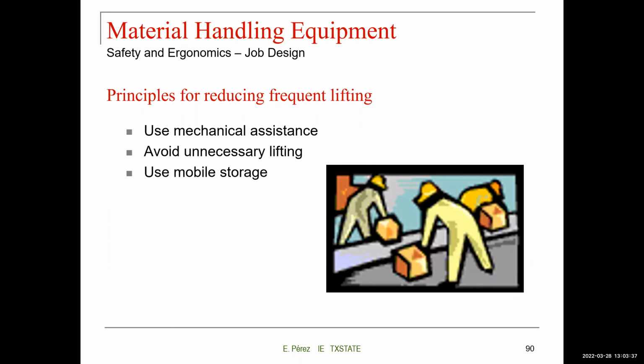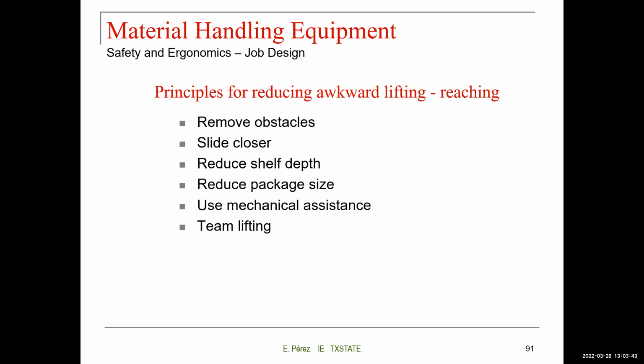Mechanical assistance, avoid unnecessary lifting and mobile storage. Removing obstacles, slide closer, reduce the shelf depth, reduce package size, use mechanical assistance, team lifting. All those are ideas. Simple, right?